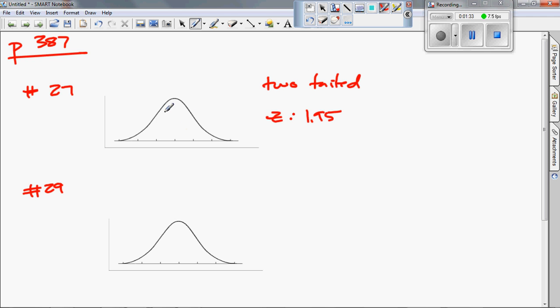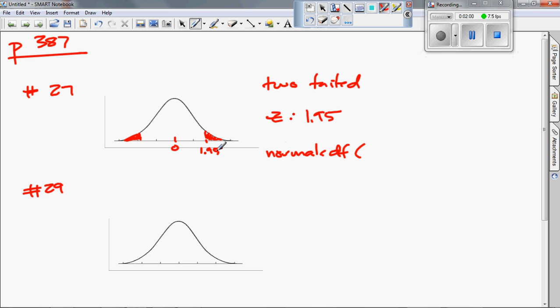So this is a standard normal distribution, so zero is there in the middle. 1.95 is over here, so it's two-tailed, so we want to find this area, and this area will be the same. So we use normal CDF to find that area. We're going to find this area under the curve and then multiply it by 2.